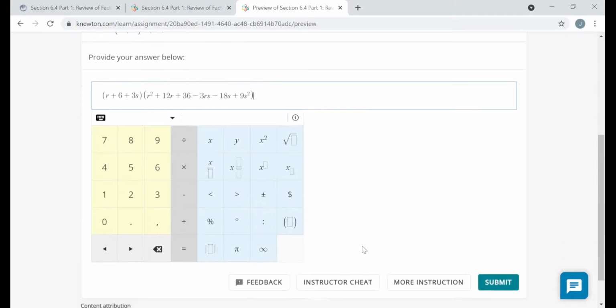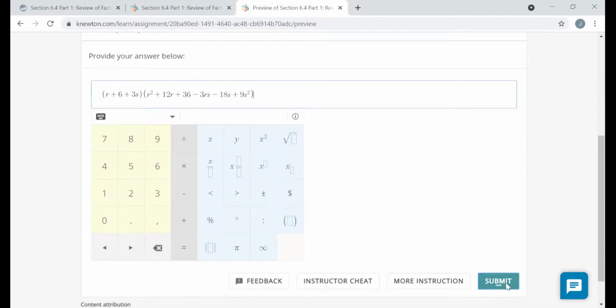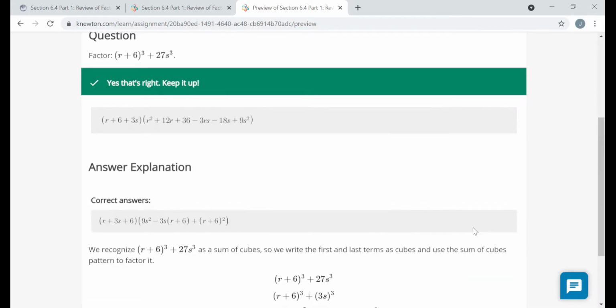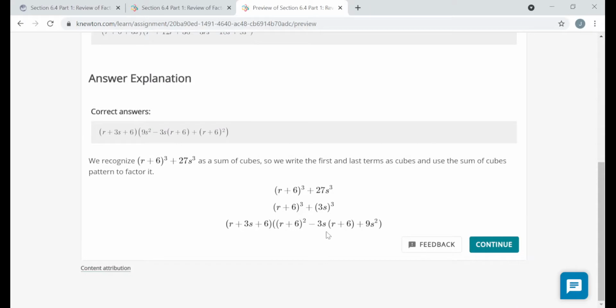Again, very similar to previous problems I've done with this objective, just different letters. Again, please read through the answer explanations, and if you want to enter things the way they do, they kept the r plus 6 in parentheses, that's totally fine as well, without multiplying it out.